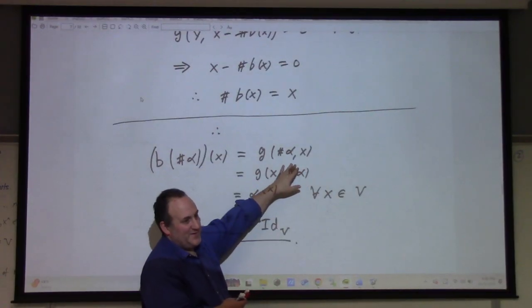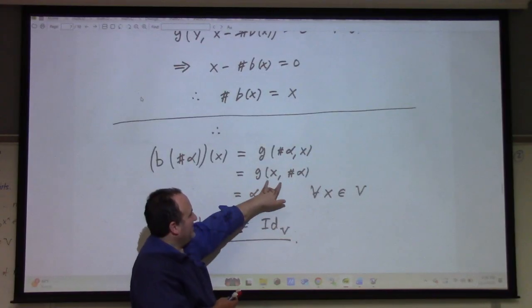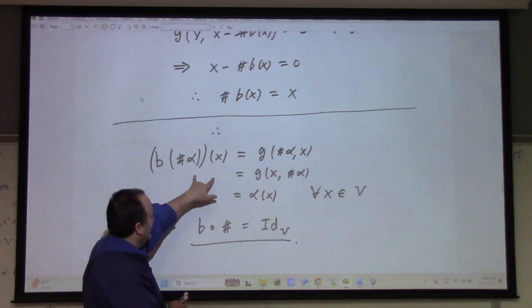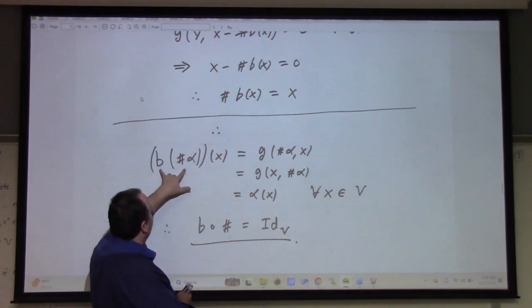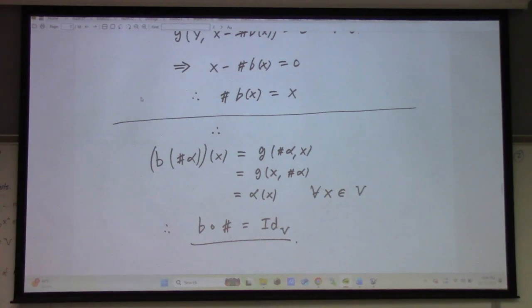But then by definition of the sharp map, and by symmetry, this is alpha of x. But that holds for arbitrary x. Therefore, this is the identity. And that proves that it's an inverse. And that's actually enough. You don't really have to have the other one to prove invertibility, truth be told.